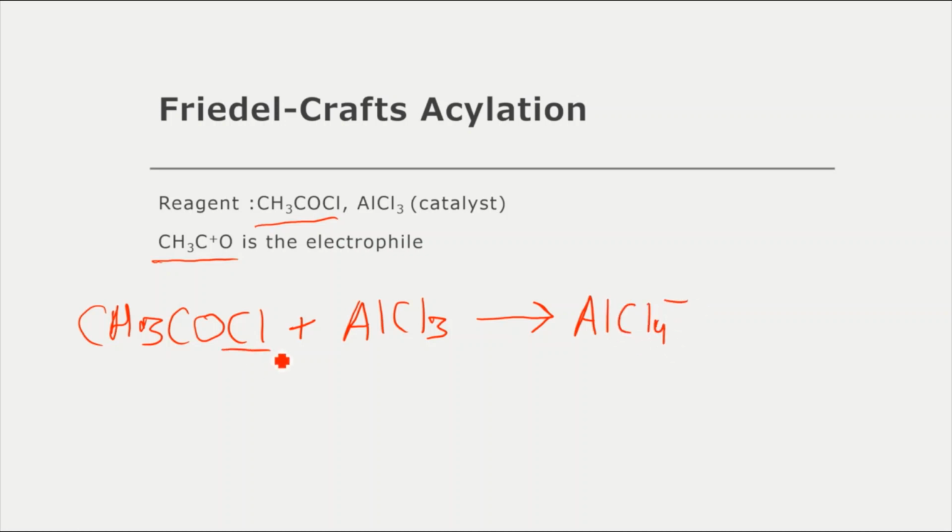So the Cl from that ethanoyl chloride is given to the AlCl3, and that would end up forming CH3C+O. So that's my electrophile. Just remember that the plus is next to the carbon. Don't put it next to the oxygen, because you will end up losing the mark. So that's how I'm getting my CH3C+O electrophile.